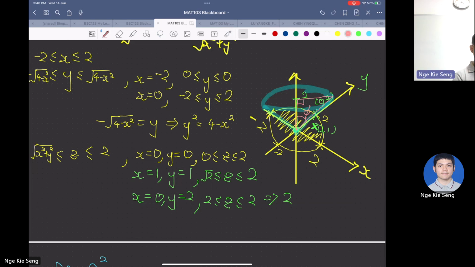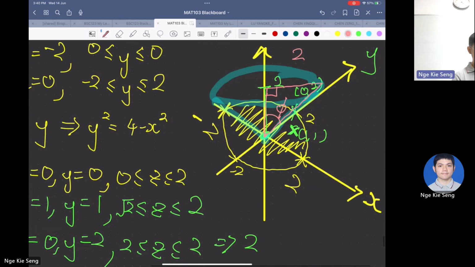So what's this right angle triangle here? The radius is 2. How about the hypotenuse? What's this slanted height here? Do we know?